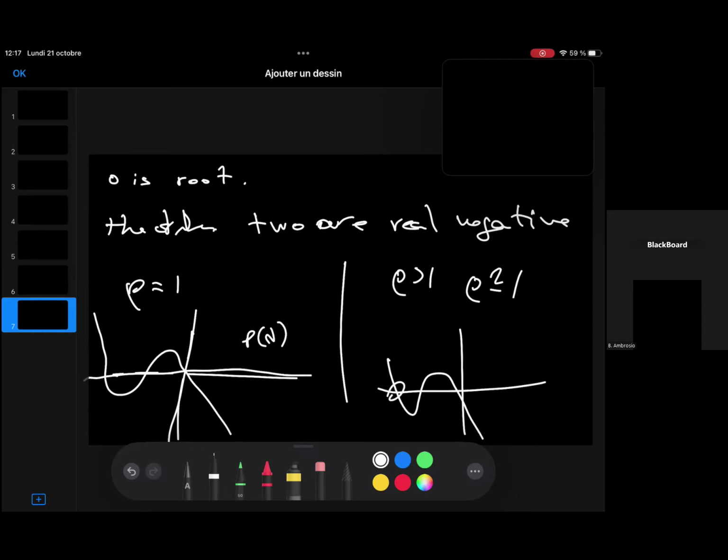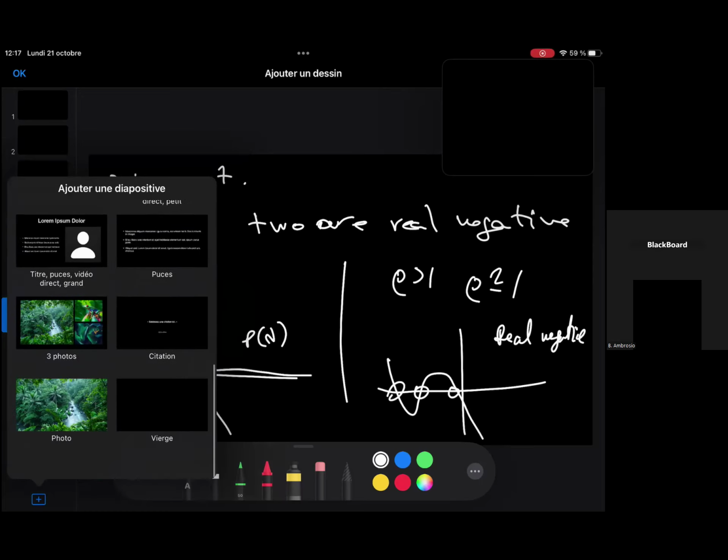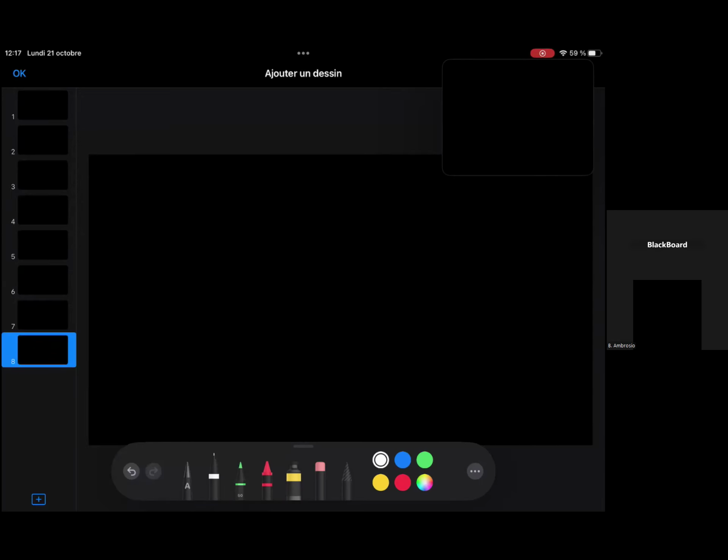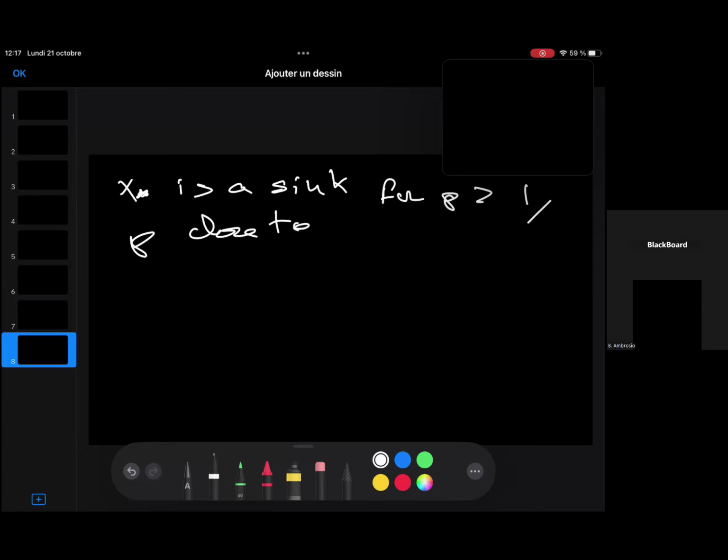And we'll see here that the three roots are real negative. So from that, we conclude that our stationary point x star is a sink for rho greater than 1 and rho close to 1.